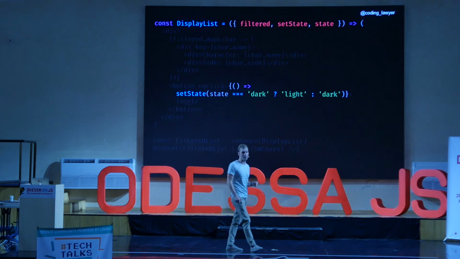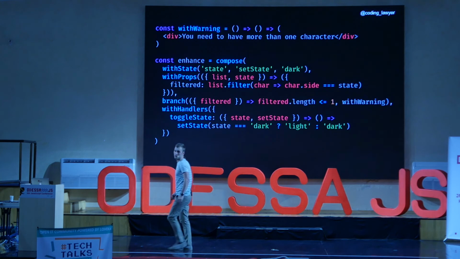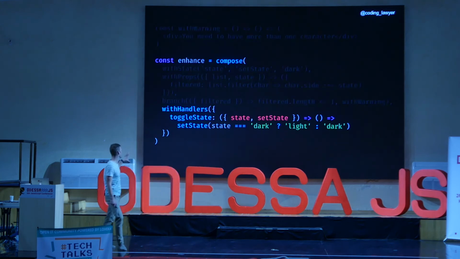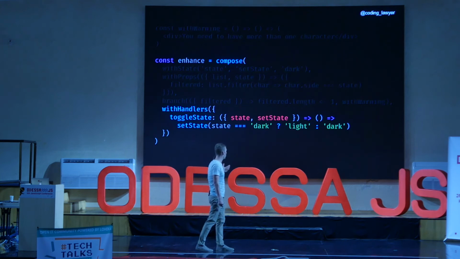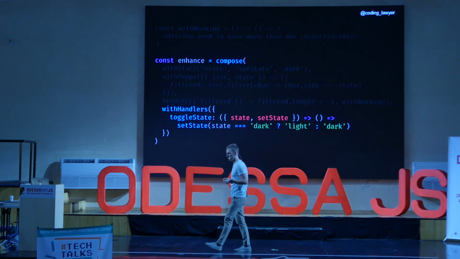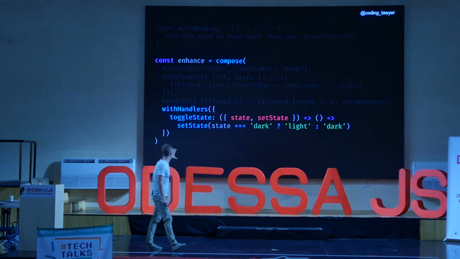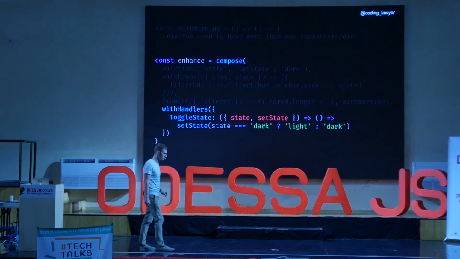We can use another higher order component for that. Let's take a look. Here we added a new higher order component, withHandlers, to our composition. And withHandlers takes a single configuration argument, an object of functions. In our case, it's an object with only a single function called toggleState.